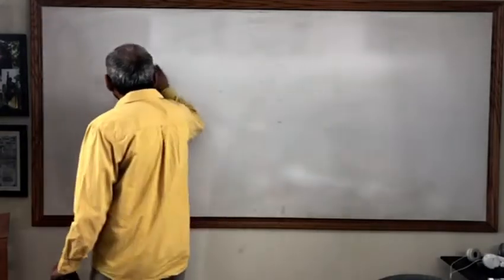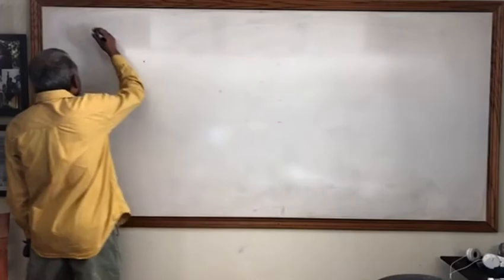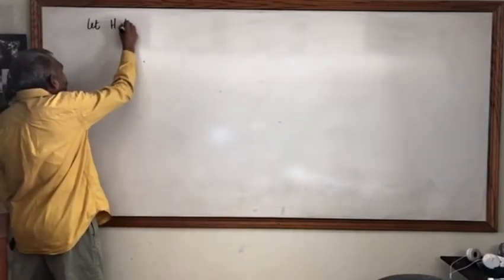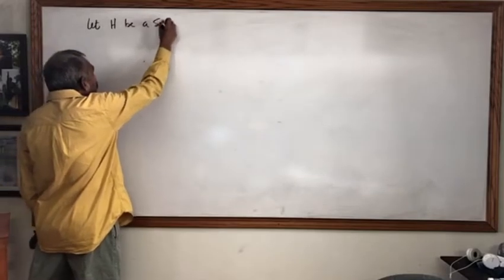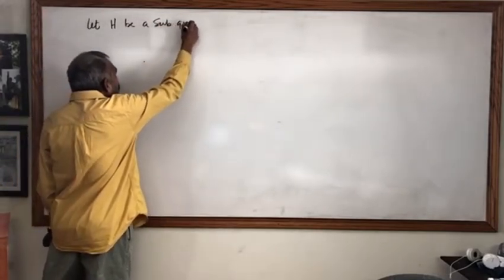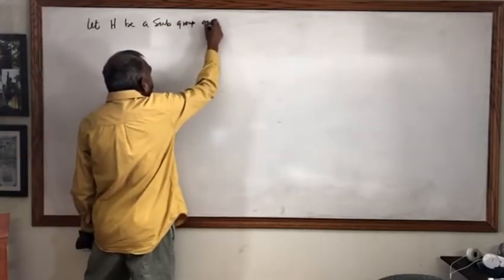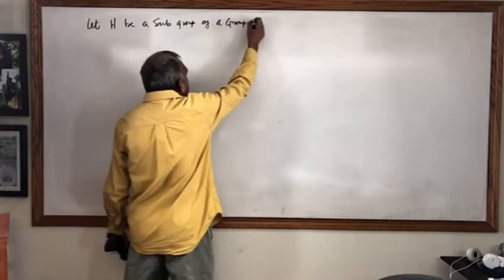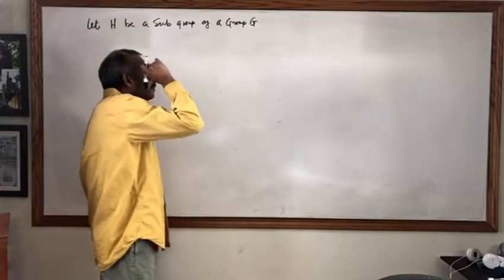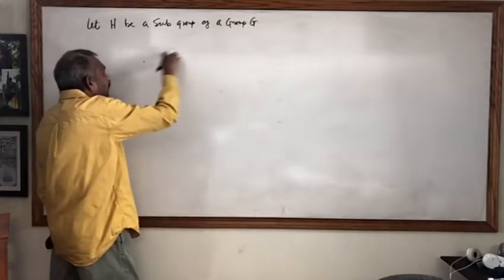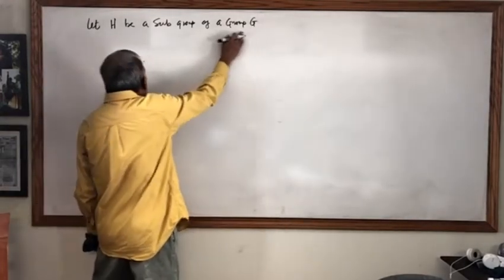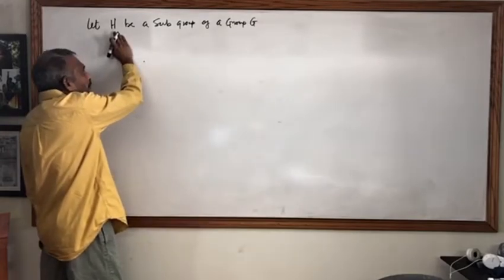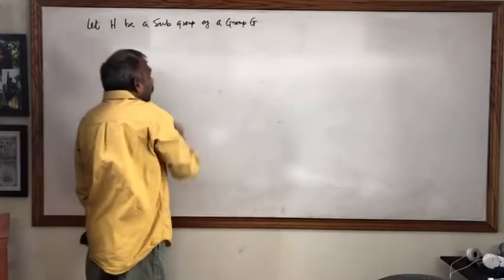So let H be a subgroup of a group G. It doesn't need to be an abelian group, and this doesn't need to be a normal subgroup, just a subgroup of a group.